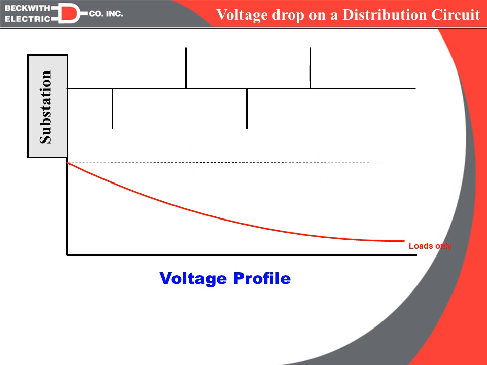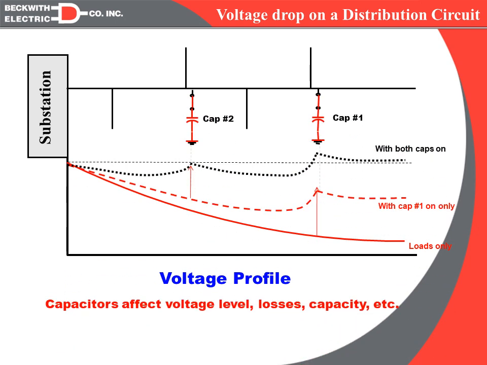Now, if we were to add a capacitor bank near the end of the circuit, when that bank closes, we can see that it lifts the voltage at that point up and also on both sides of it. And if we were to add a second capacitor bank to the circuit, we would see now that we've lifted the voltage up at two different places along the circuit.